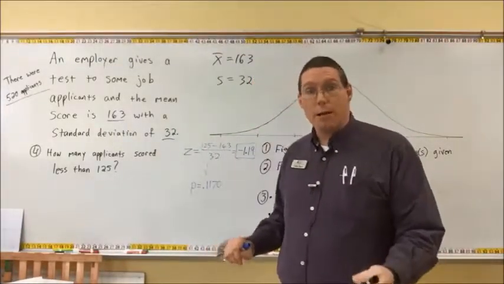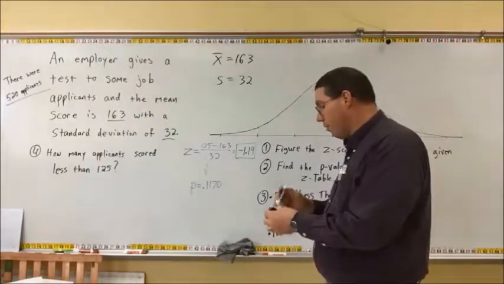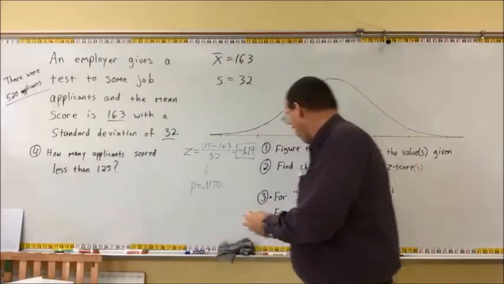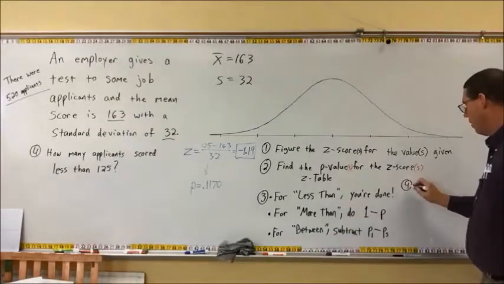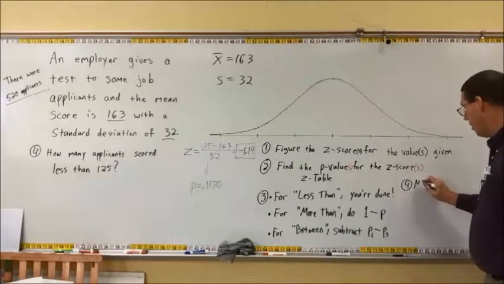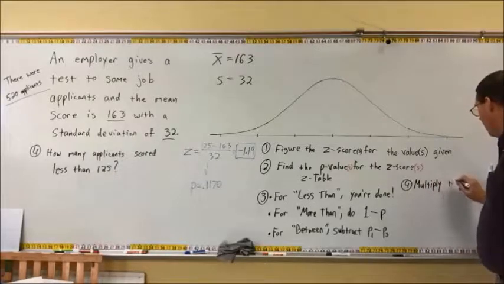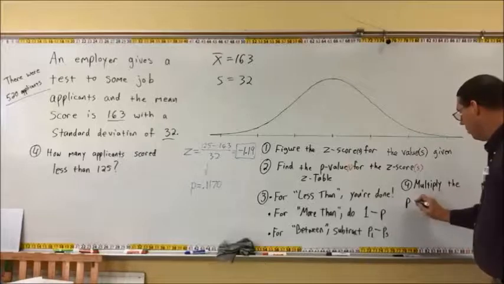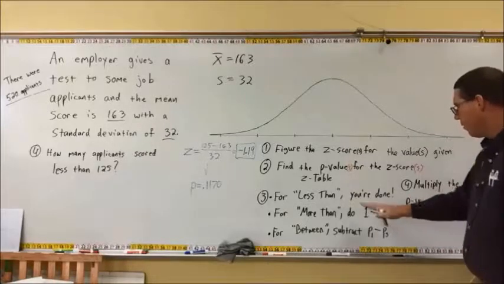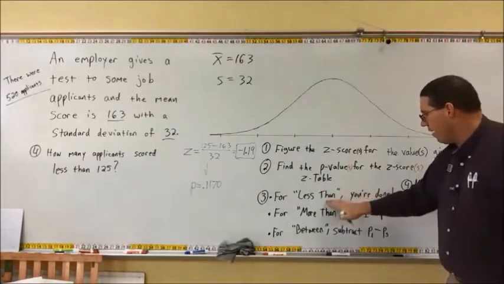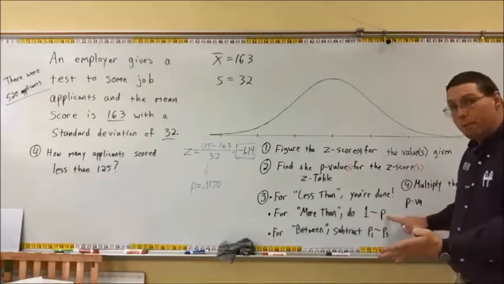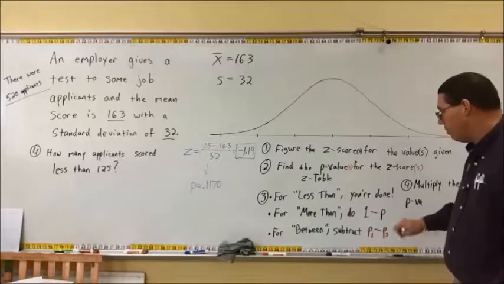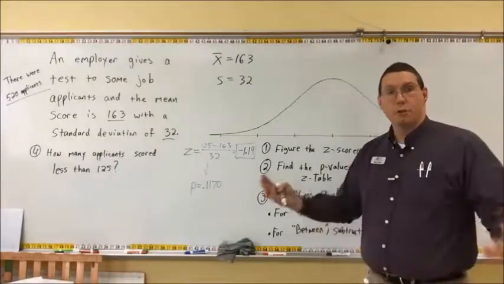And how many questions tell us all we have to do, we'll put step 4 on here. We'll squeeze it in over here. Step 4, multiply the p-value that your answer is. It's either the p-value found in the table, or 1 minus the p-value, that's your new p-value, or it's the large p-value minus the small p-value, that's your new p-value.